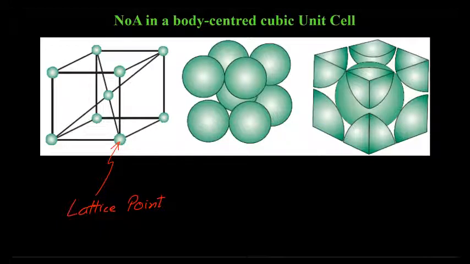What is a lattice point? If you are asked what is the significance of a lattice point, that question is very common. You will say a lattice point is an atom, ion, or molecule which forms the structure of the lattice, or which is at the corners of the lattice.